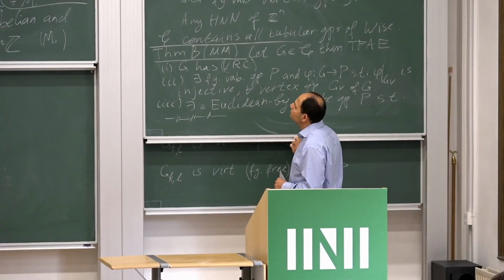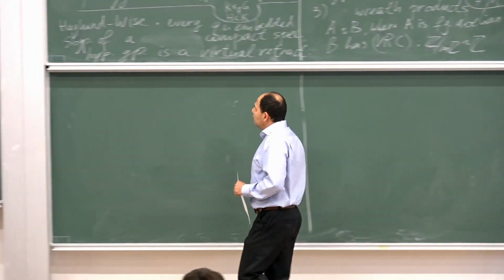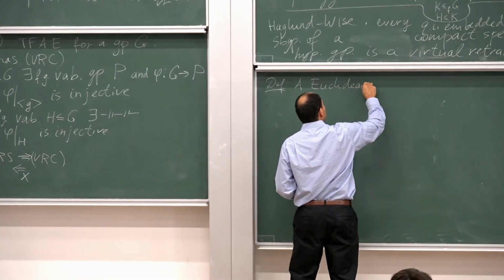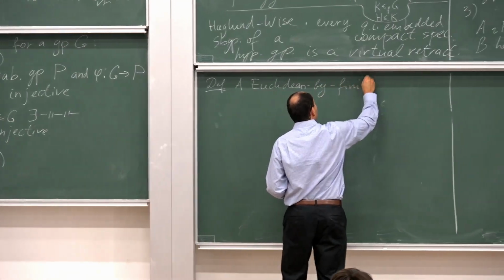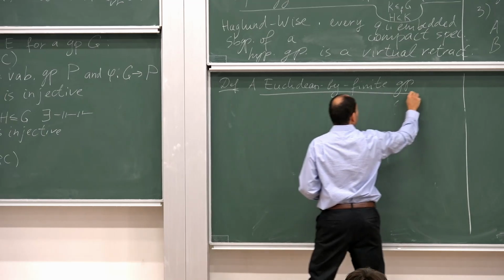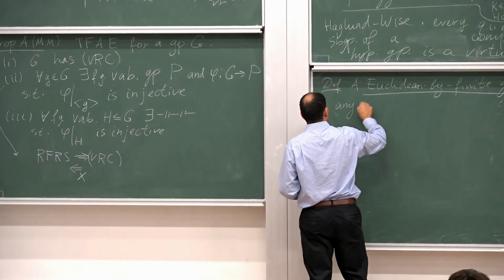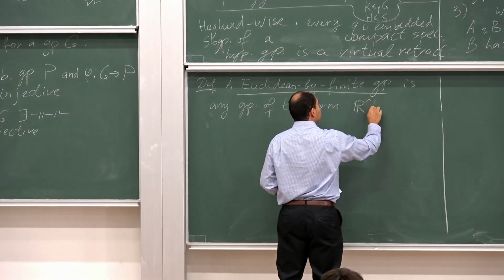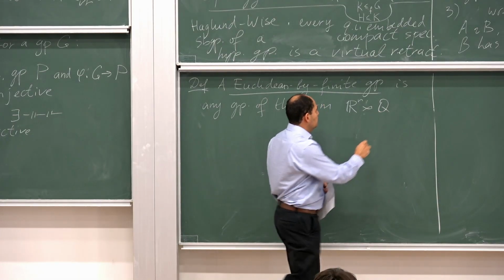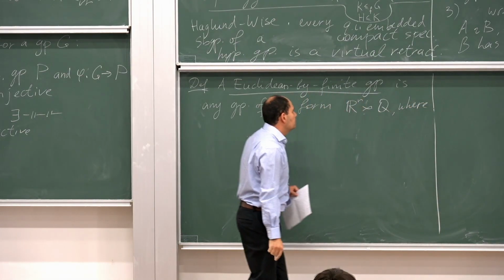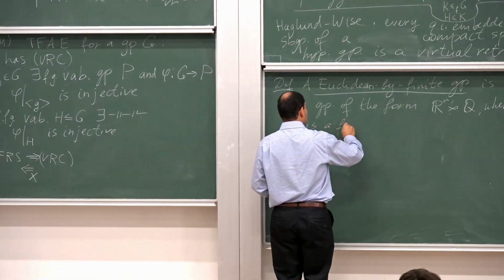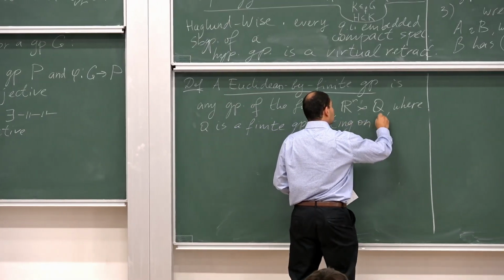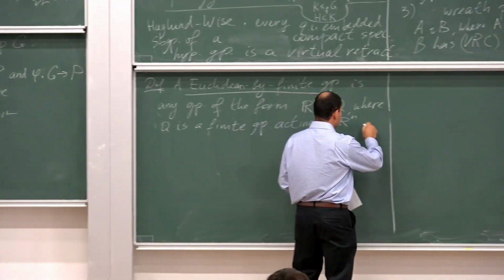Now let me define what Euclidean bifinite means. A Euclidean bifinite group is any group of the form R^n semi-direct Q, where Q is a finite group acting on R^n by Euclidean isometries, linearly.